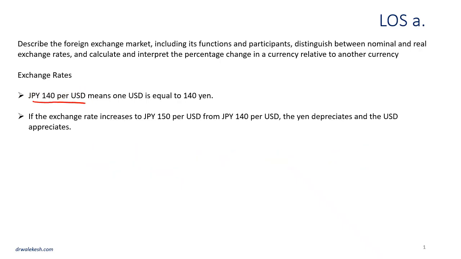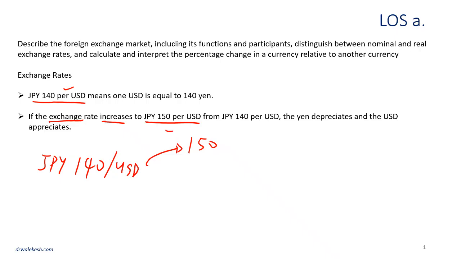So if this exchange rate increases to 150 Japanese yen per US dollar, that is, increases from 140 Japanese yen per US dollar to 150 Japanese yen per US dollar, then that implies that Japanese yen has depreciated.